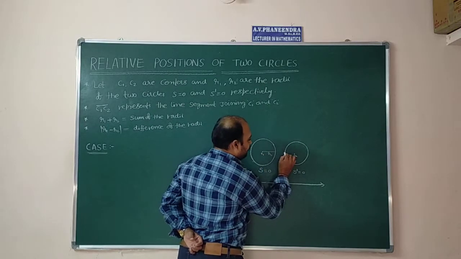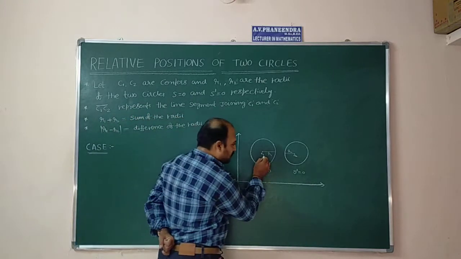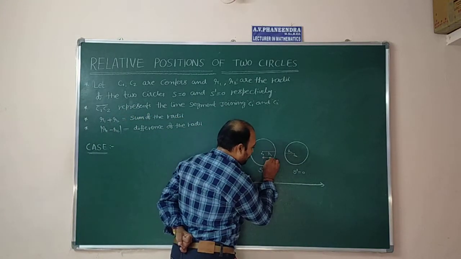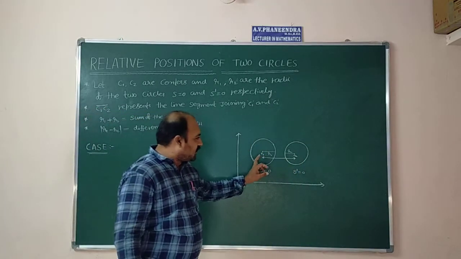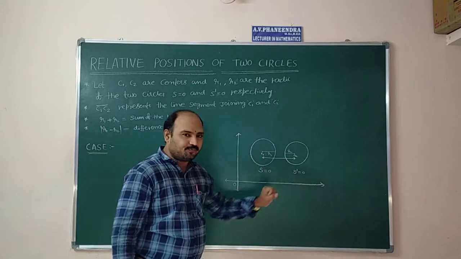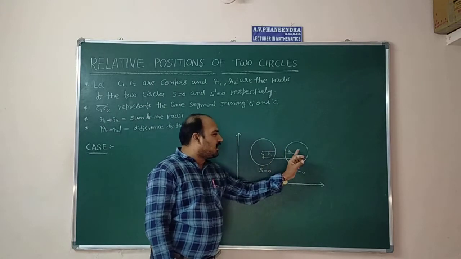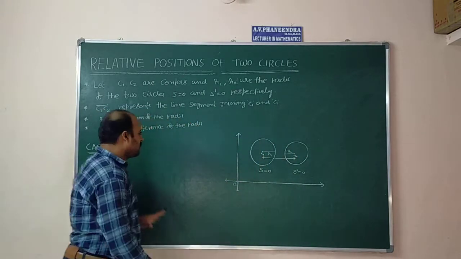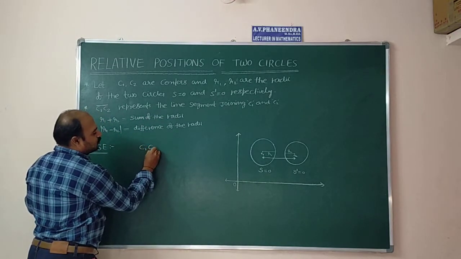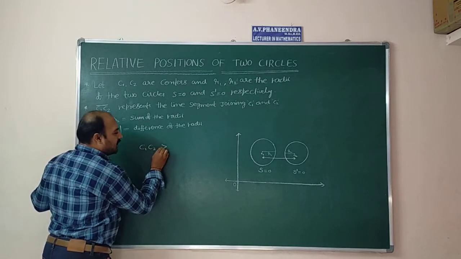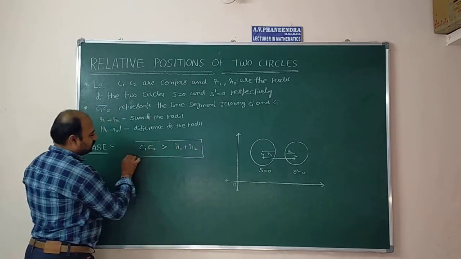This is R1, this is R2, the radius of the first circle and the second circle. Observe here, the distance between the centers C1C2 is greater than the sum of their radii. Clearly we observe this in the diagram. So C1C2 is greater than R1 plus R2.